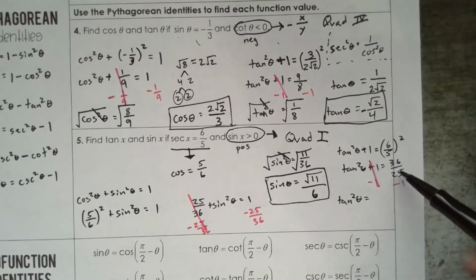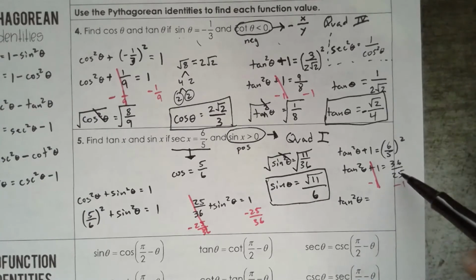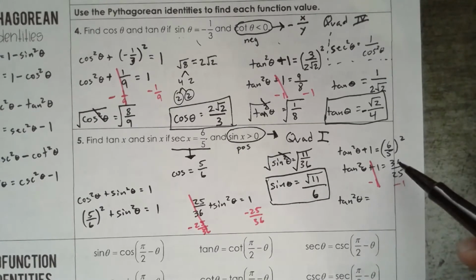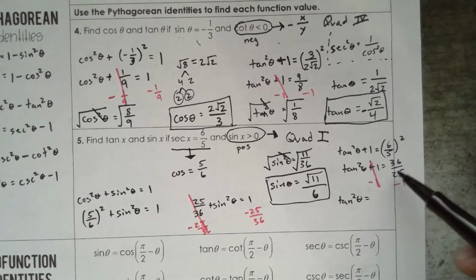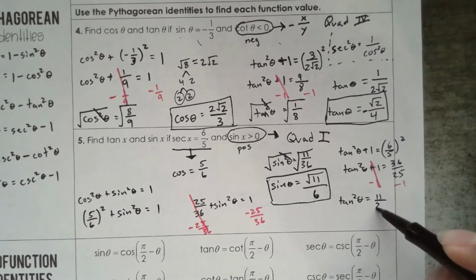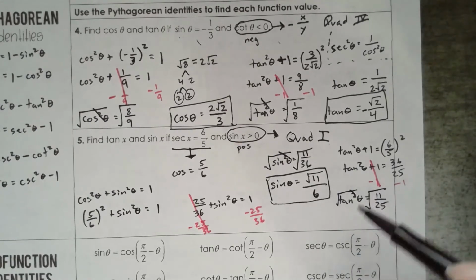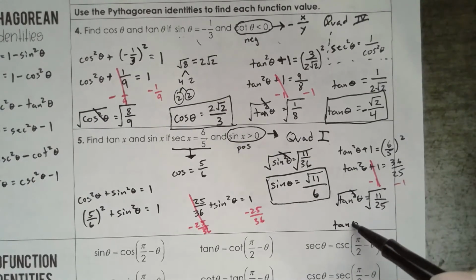So okay, now it's a pizza of 25 slices, but you have 36, which means you have more than a whole pizza. You have 11 slices more, but you subtract a whole, which is 25 slices. That leaves you with 11, the ones you had over. Take the square root. Tangent theta is equal to square root of 11 over square root of 25, which is 5.